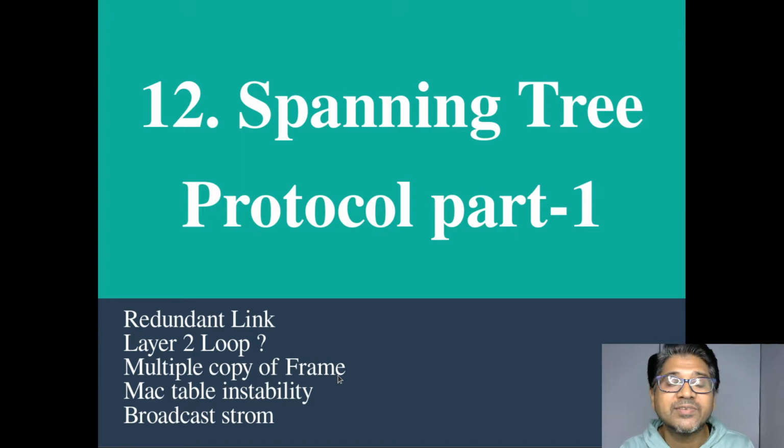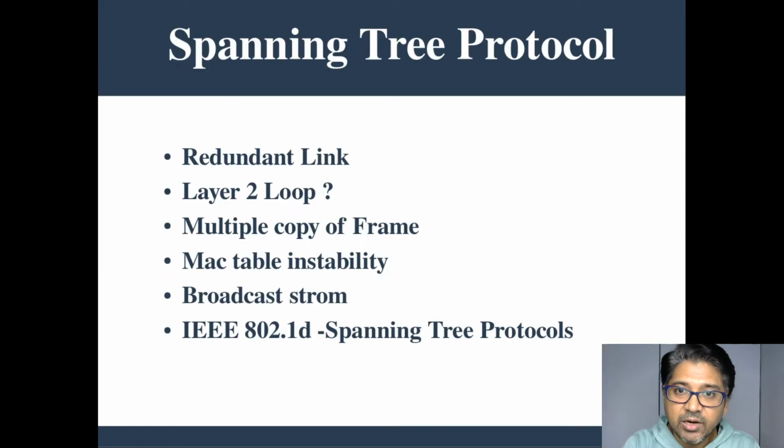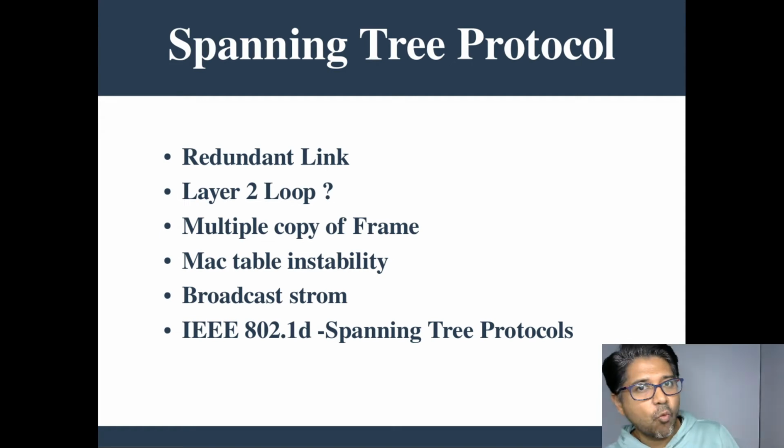Then we will see MAC table instability. What is the MAC table? It maintains the frame addresses, which are going to keep on changing. We will see how. And then at last the terminology called broadcast storm. What is a broadcast storm? We will see that. Let's move on to the topic and understand one by one.